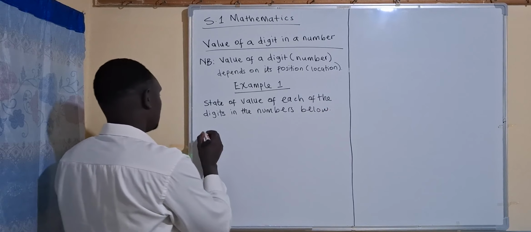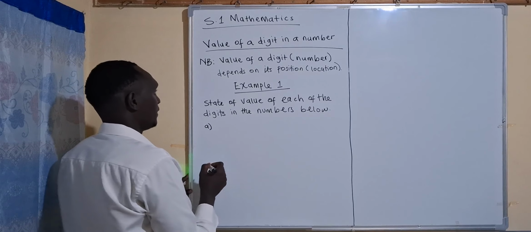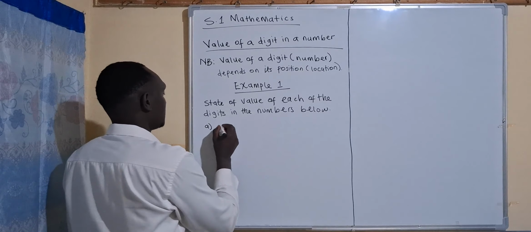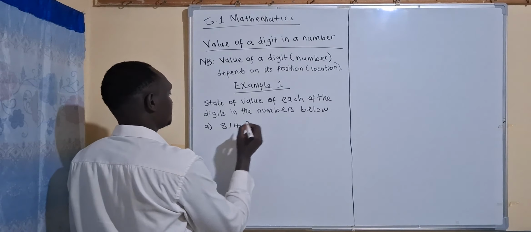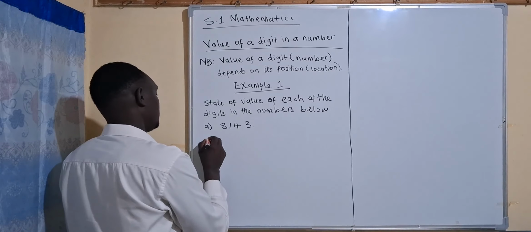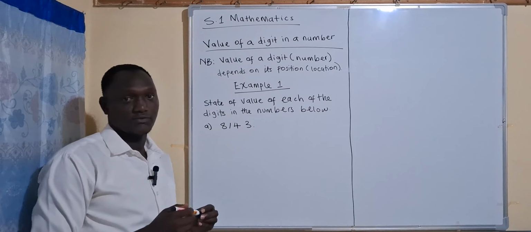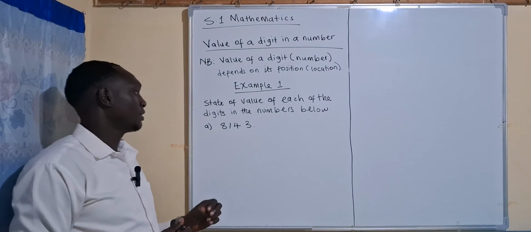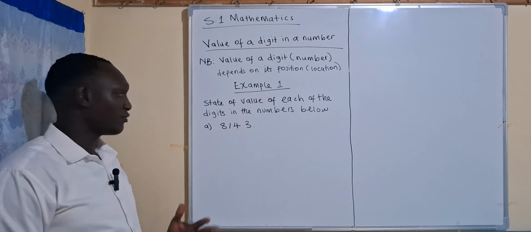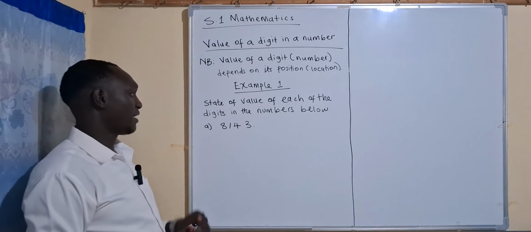And let me say the first number is A. A, I can just say 8,143. B, okay. Let me start by solving A. After A, then we go to B. We are going to just give the value of each digit in this given number.